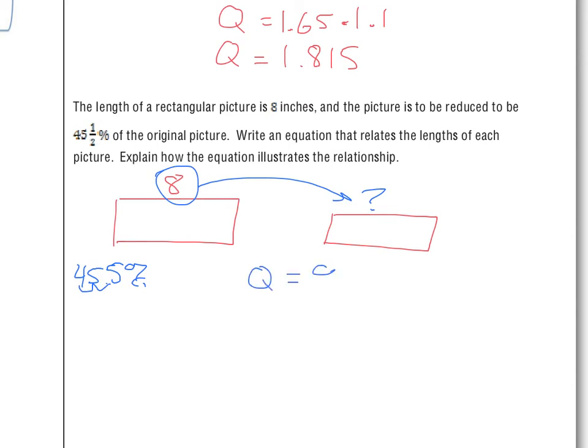Q is equal to percent times whole, 0.455. That's our scale factor, times our whole, which is 8. So Q is equal to 0.455 times 8, which is equal to 3.64 inches. All right, go ahead and finish this up and flip on over to your alone time work.